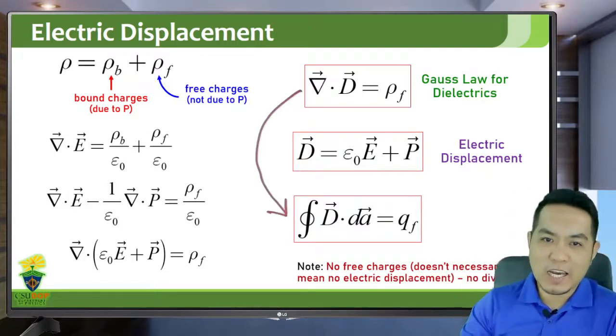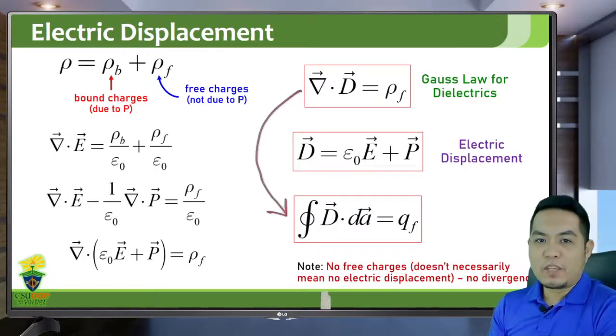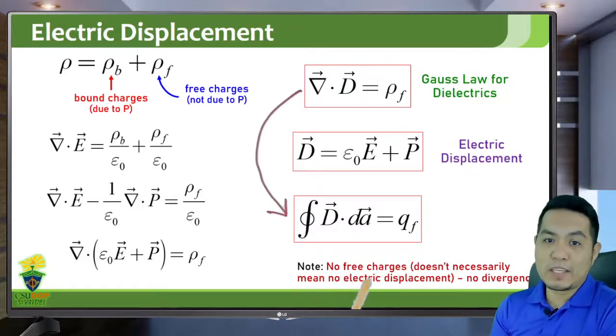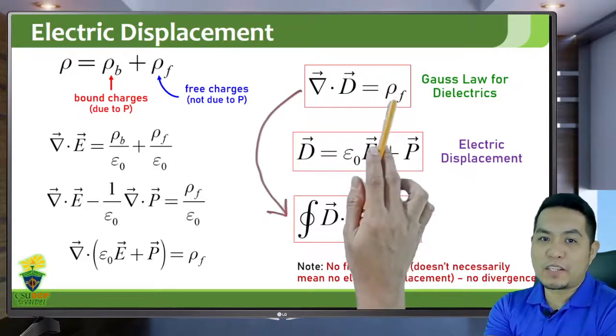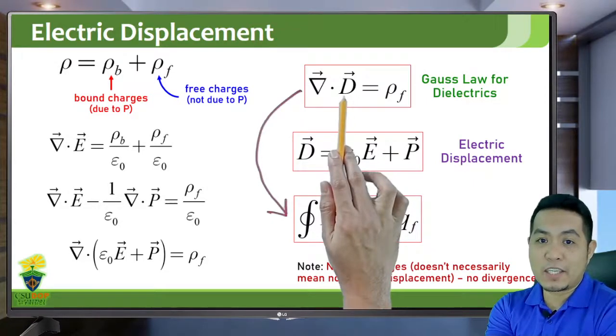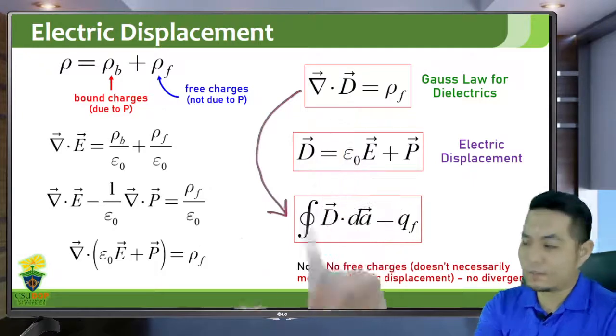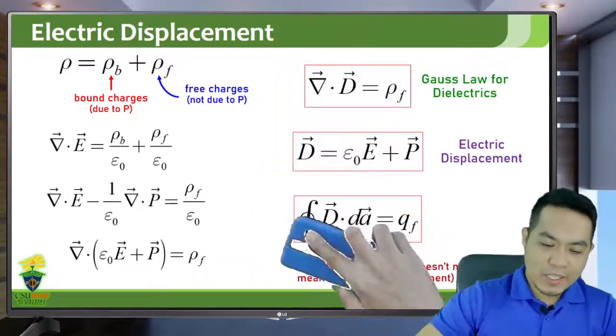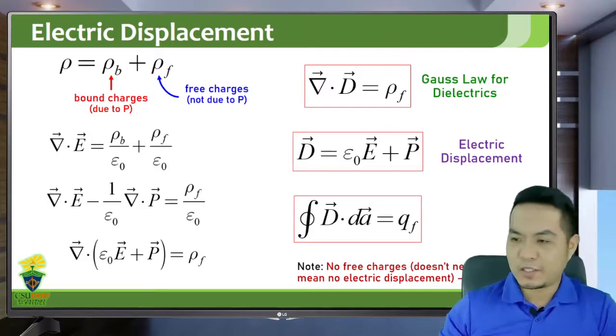So note that if there are no free charges, it doesn't necessarily mean that there is zero displacement. It only means that there is no divergence in the displacement, meaning it is uniform or constant. So the electric displacement is an indicator of free charges.